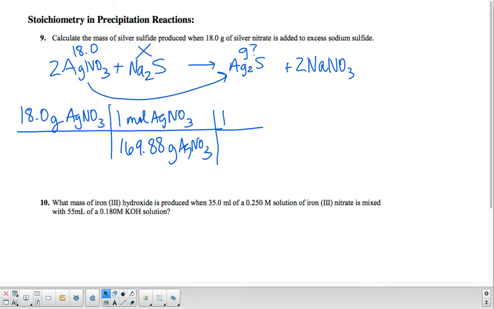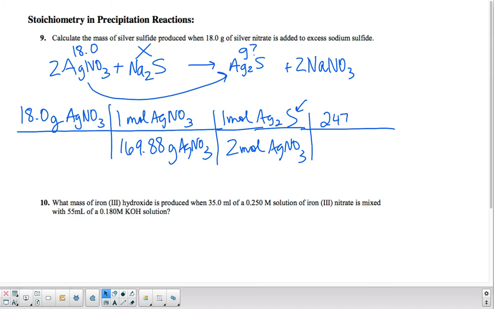And for every 1 mole of what I'm looking for, Ag2S, there are 2 moles of AgNO3. Do we see that based on the stoichiometry? Yes. And then we convert those moles to grams. So there are 247.81 grams for every 1 mole of Ag2S. Go ahead and check my math here and make sure I get the right answer.